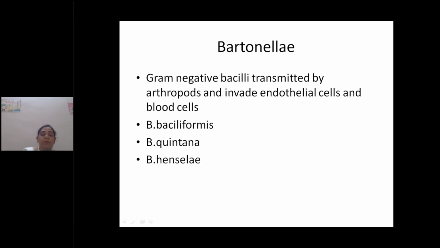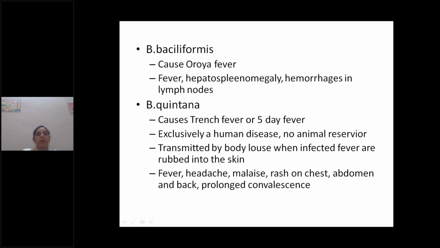Bartonella is the last one. What is this Bartonella? Bartonella is a genus that you're going to learn in the Rickettsia family. These are usually gram-negative bacilli transmitted by arthropods that invade endothelial cells and blood cells. 3 species are there: Bacilliformis, Quintana, and Henselae.